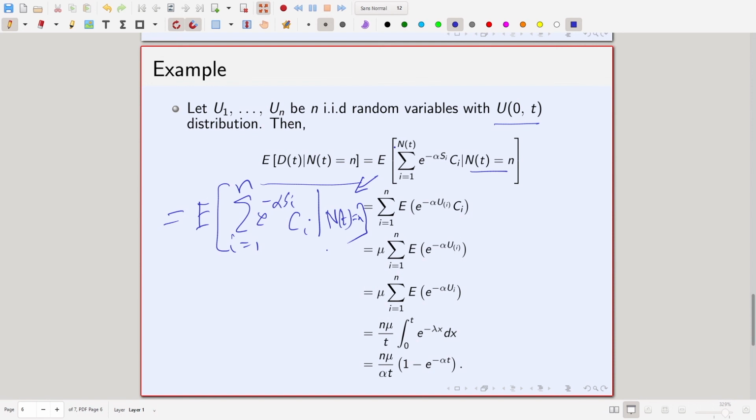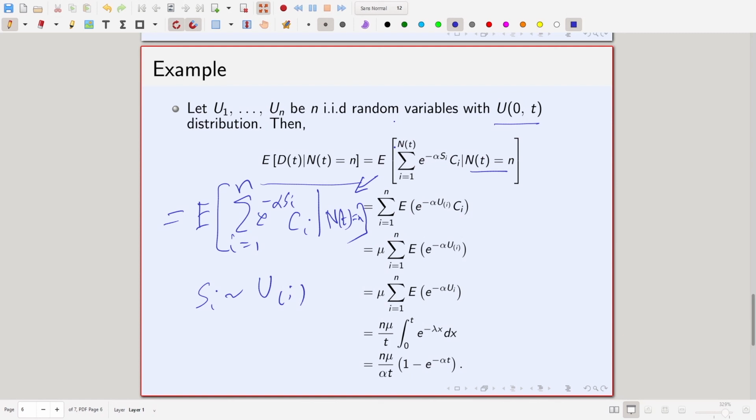But now, given that Nt equals n, you know the distribution of Si: it has the same distribution as the ith order statistic of n independent and identically distributed Uniform(0, t) random variables. So again, here we are using the theorem that we learned in the second slide.